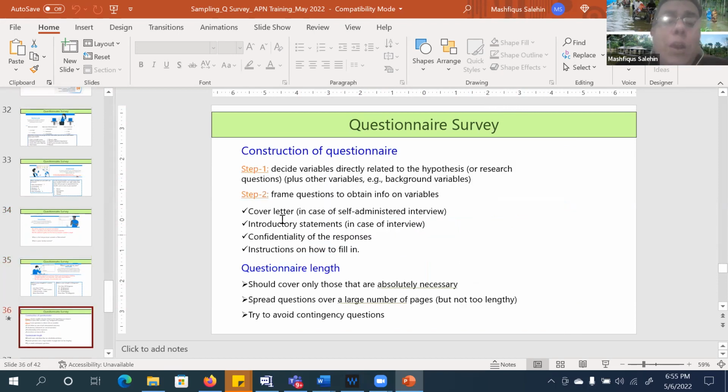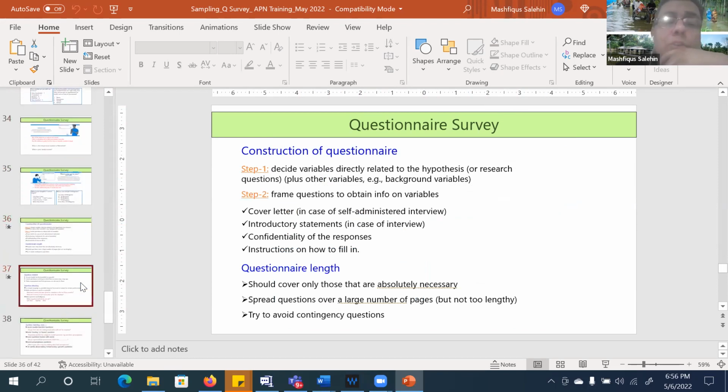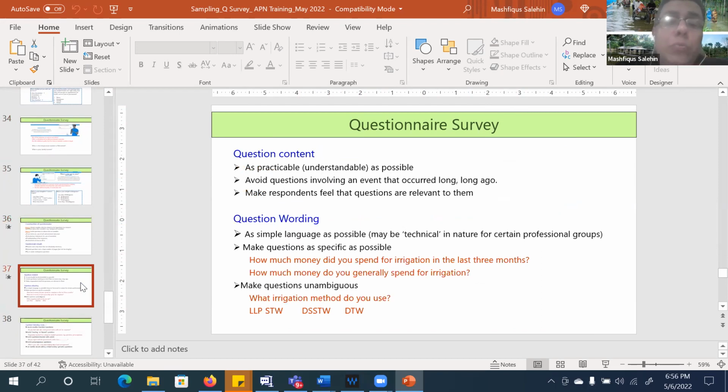And then how you construct your questionnaire, the question content, and how you word your questions. Those will also be self-explanatory. There are some rules of thumb about what you can do in your questionnaire and what you cannot do.